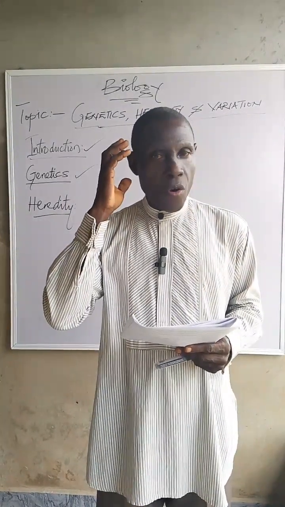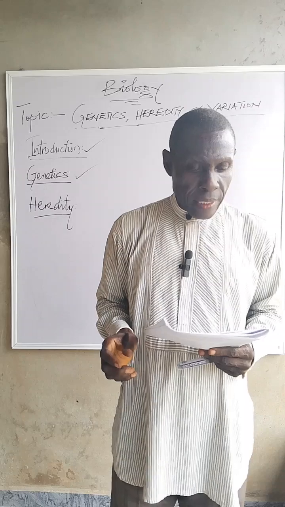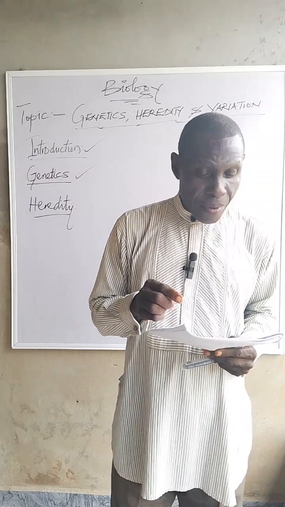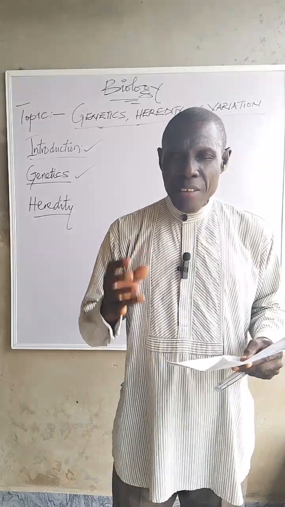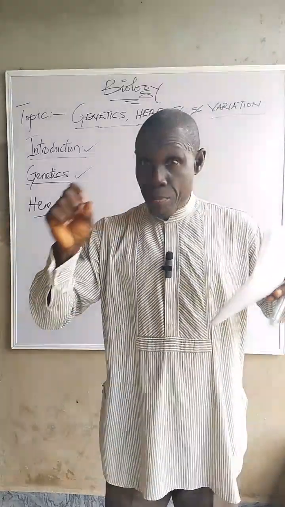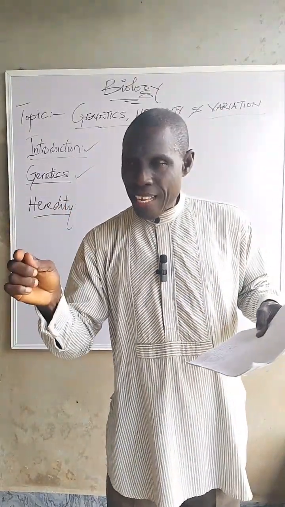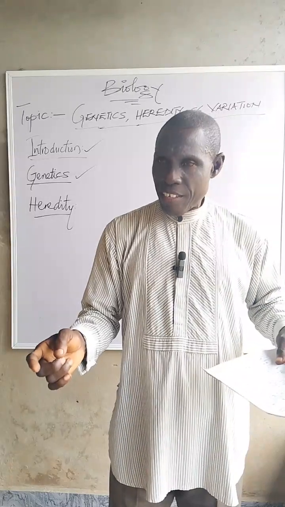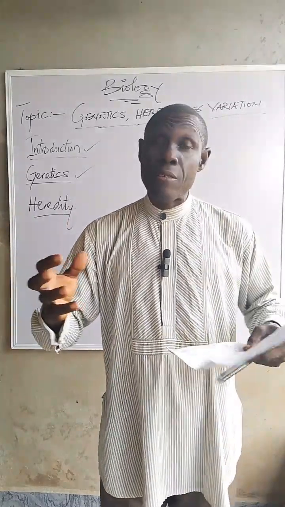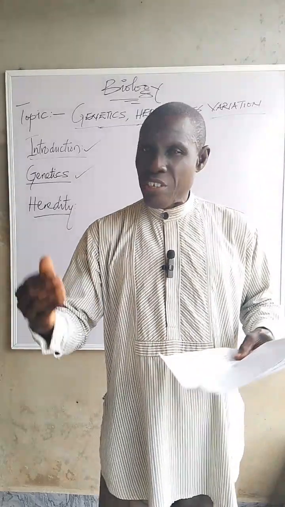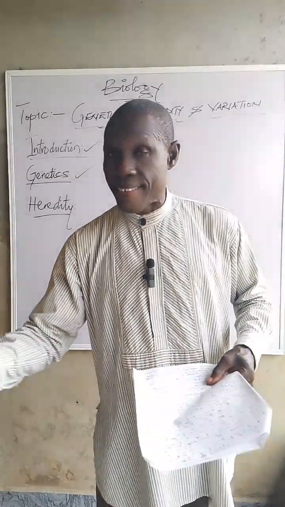Then the hair color. Then also we have the shape and the color of the eyes. Some children have eyes like we call opolo, very big. The father and the mother may not even have them. But where does that opolo eye come from? Or sometimes the mother's eyes are very big, and all the children may have big eyes.